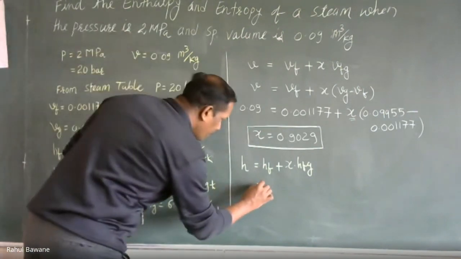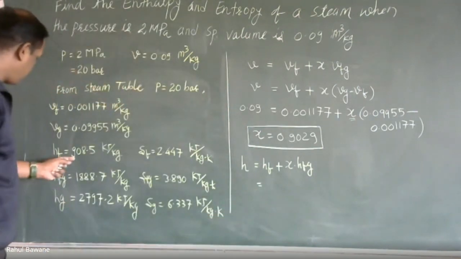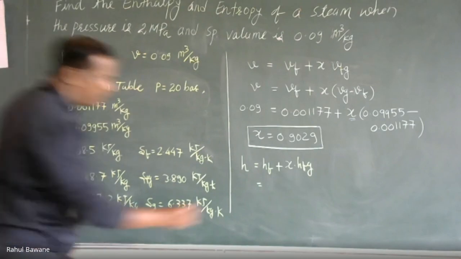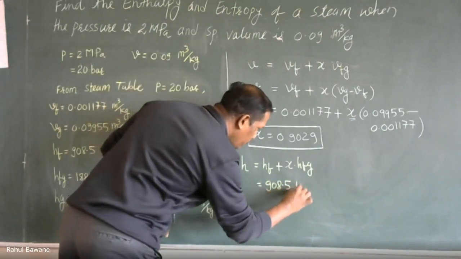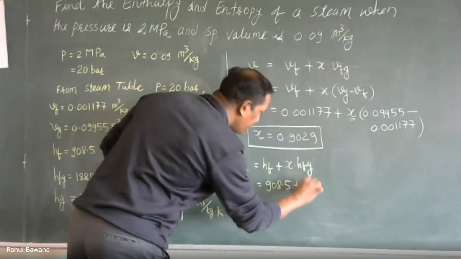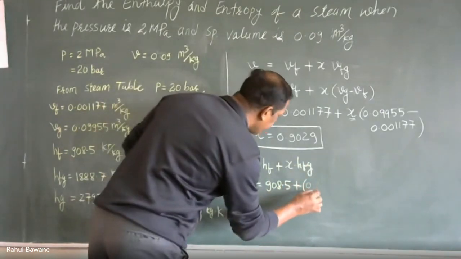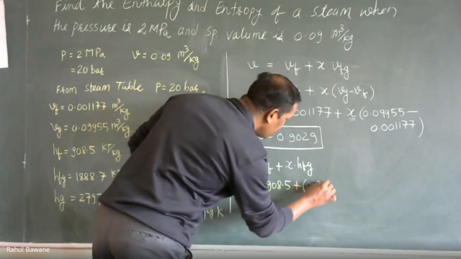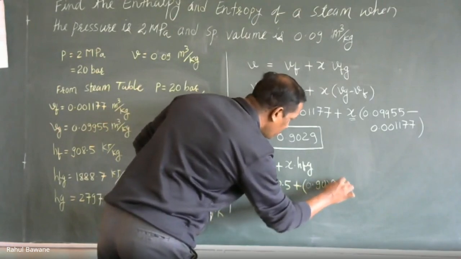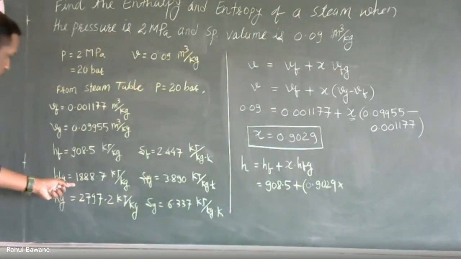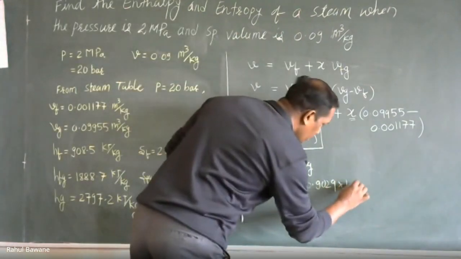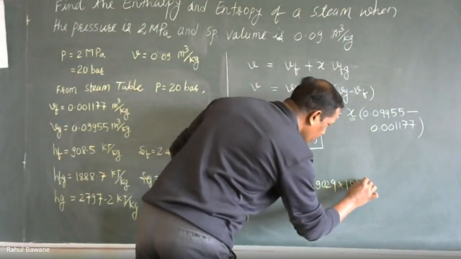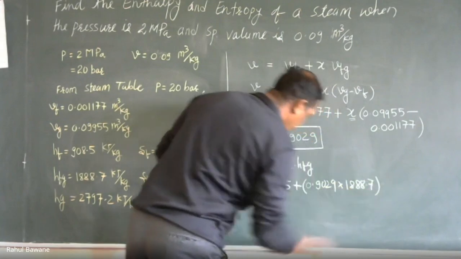So HF is 908.5 plus X, which we calculated, 0.9029 multiplied by HFG, 1888.7.